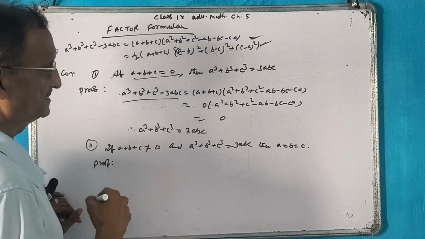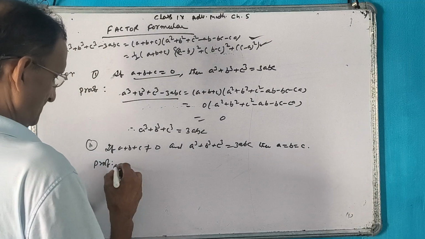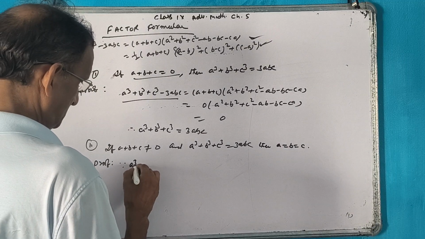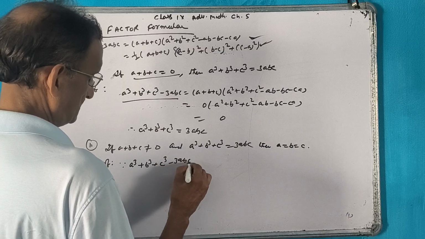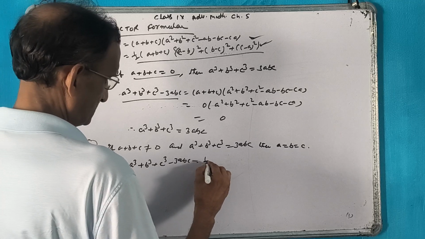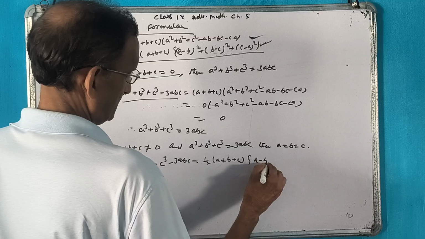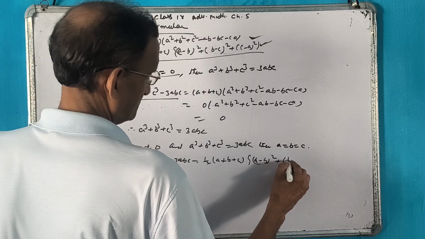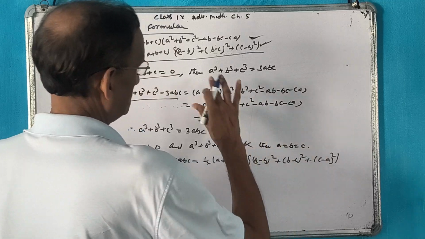Not difficult, very easy. The name is only harder factor, but it is very interesting. Since we have a cube plus b cube plus c cube minus 3abc, this time we are using this, which is equal to half into a plus b plus c into a minus b whole square plus b minus c whole square plus c minus a whole square. We have already this formula.